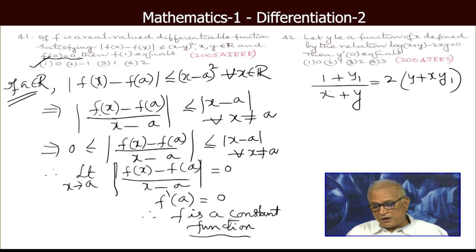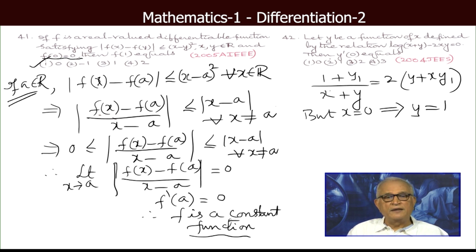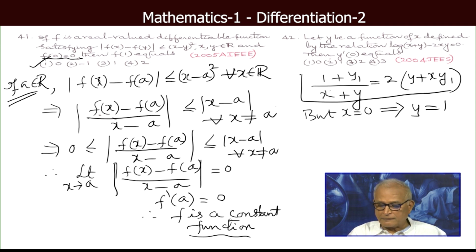When x equals 0, what is y? From the given relation, when I put x equal to 0, log y equals 0, that means y equals 1. So when asked to find the value of dy/dx at x = 0, you have to replace x by 0 and y by 1 in this whole thing. Follow?